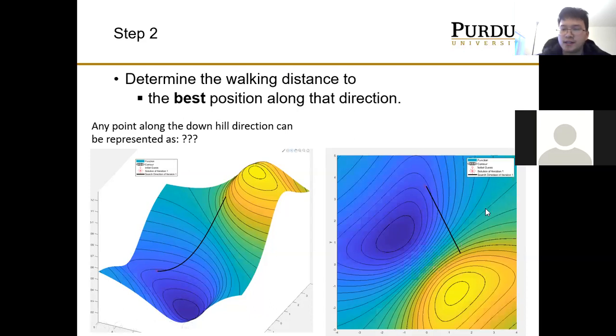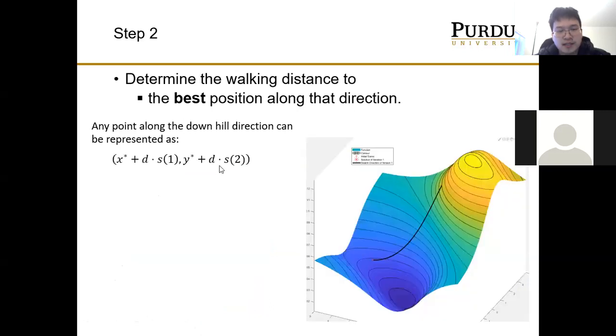It's something like a vector: the starting point plus the direction vector times something, d, right? D will be the parameter, so it's a parametric expression, correct? Wonderful, everybody agrees.